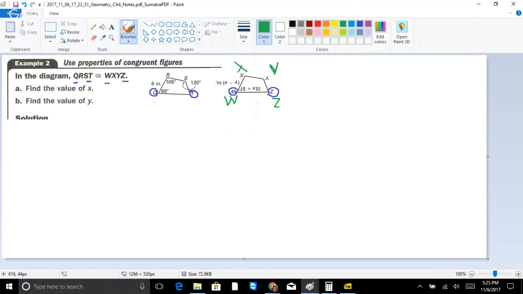Okay, and this angle right here is 5x plus 5. All right, so the first thing I want to do is find the value of x.